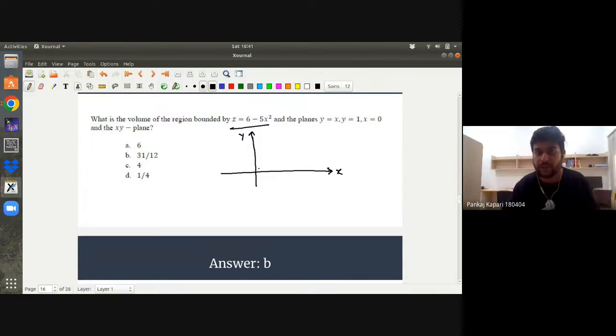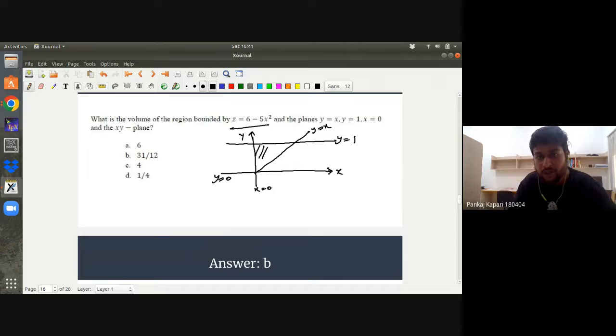In the plane we have the line y equal to x, the line y equal to 1, the line y equal to 0, and also x equal to 0.